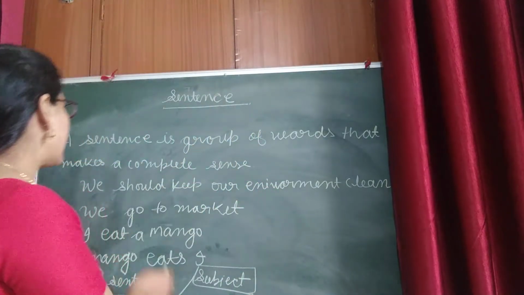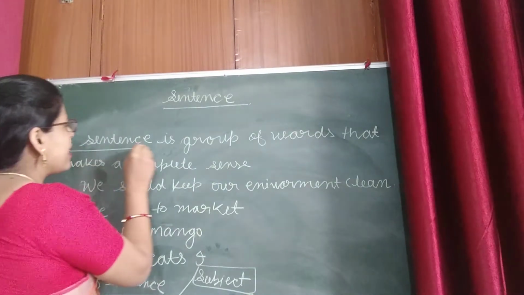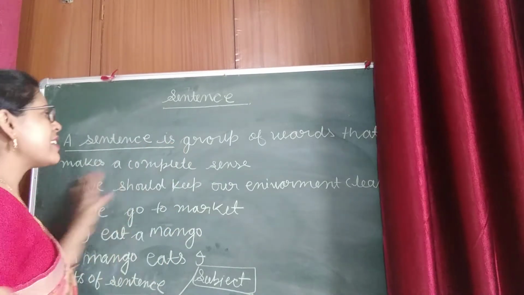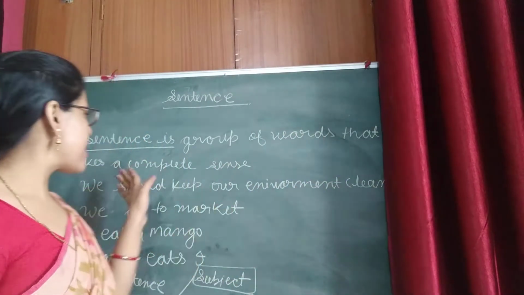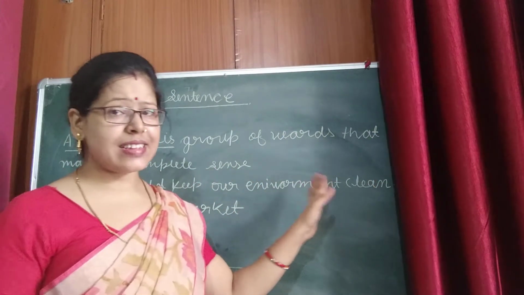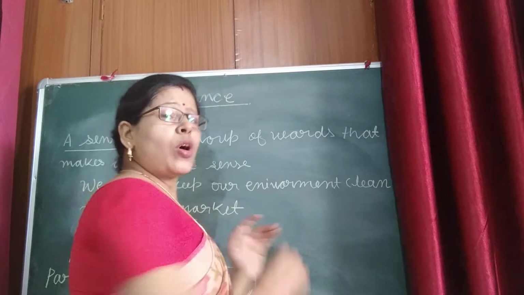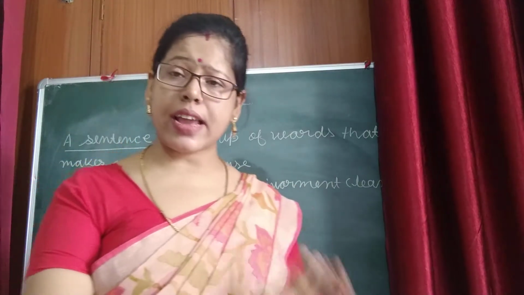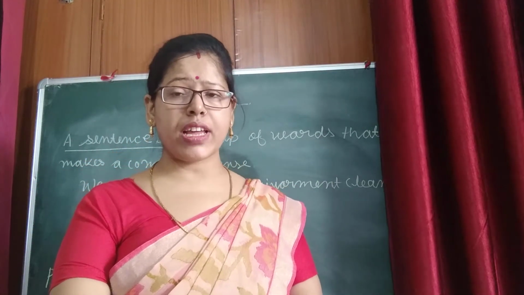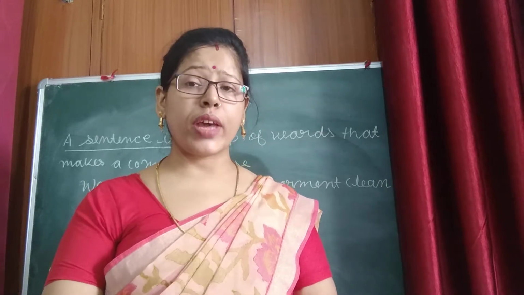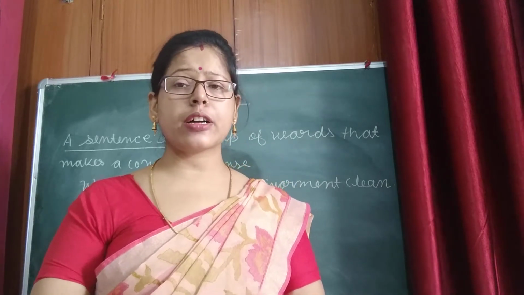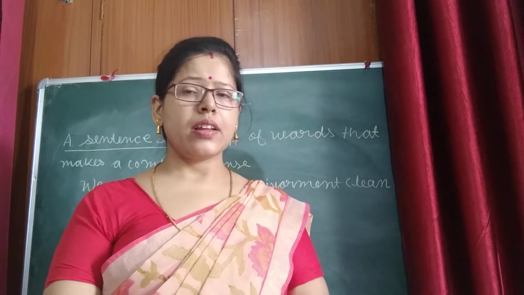So see what the definition of the sentence says. A sentence is a group of words that makes a complete sense. That means a group of words can be said to be a sentence when it gives us a complete sense, a complete meaning.